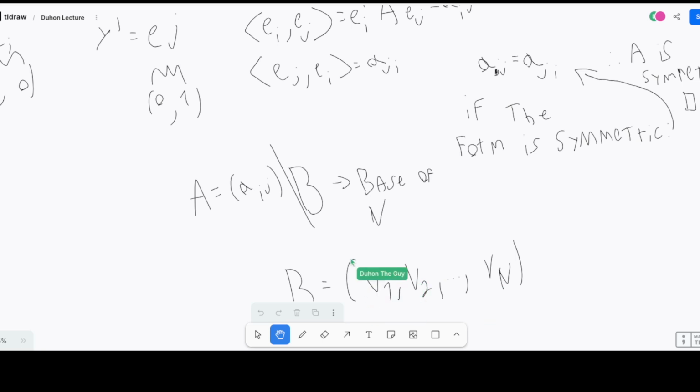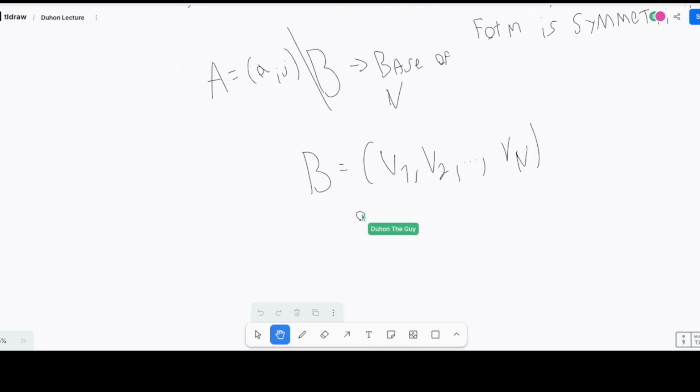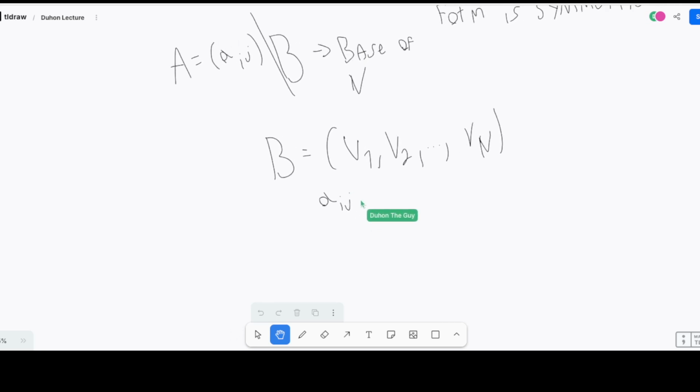Then A_ij is going to be equal to the product of Vi and Vj. I forgot the name of this. The bilinear form of these two.